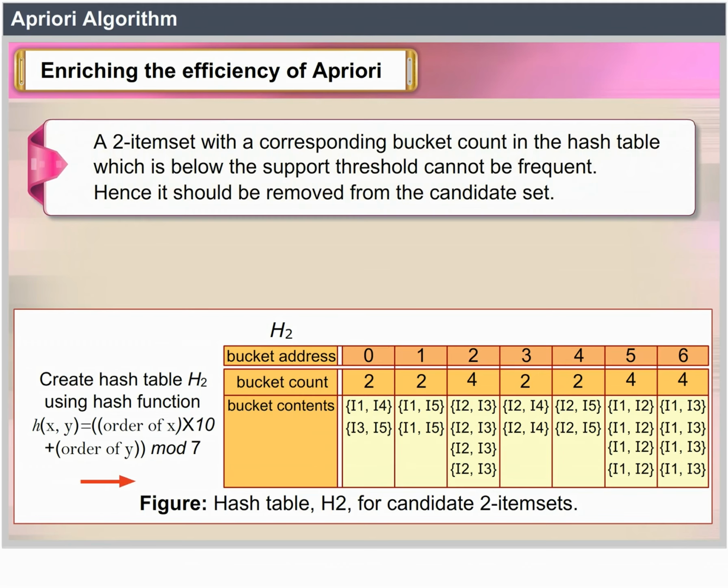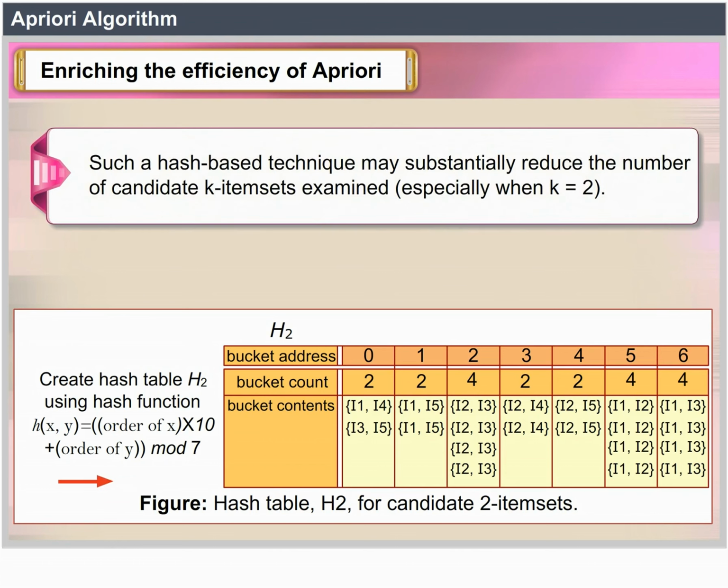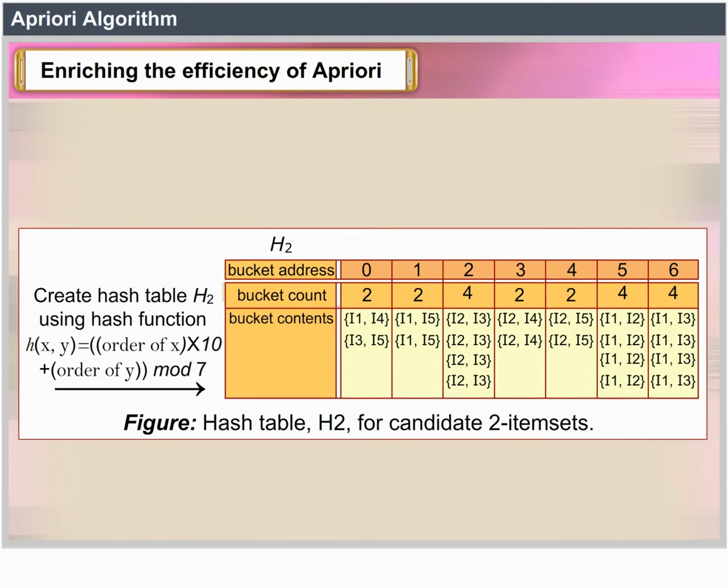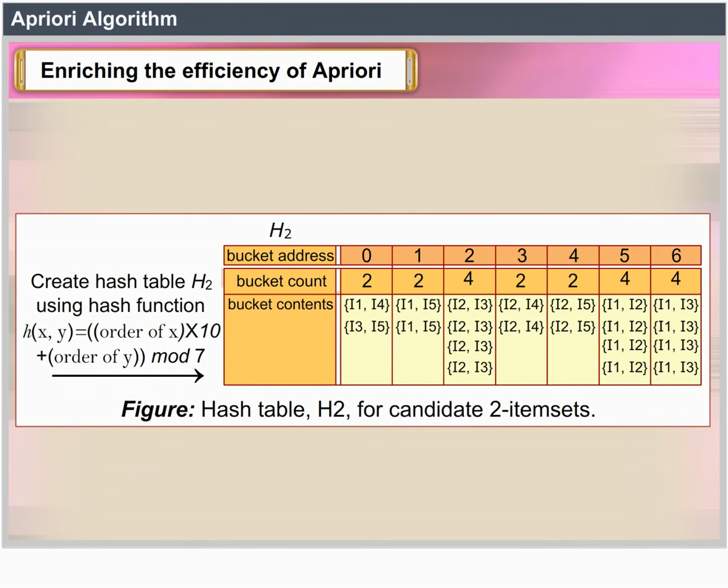A 2-item set with a corresponding bucket count in the hash table that is below the support threshold cannot be frequent and thus should be removed from the candidate set. Such a hash-based technique may substantially reduce the number of candidate k-item sets examined, especially when k equals 2. The figure shows a hash table H2 for candidate 2-item sets.